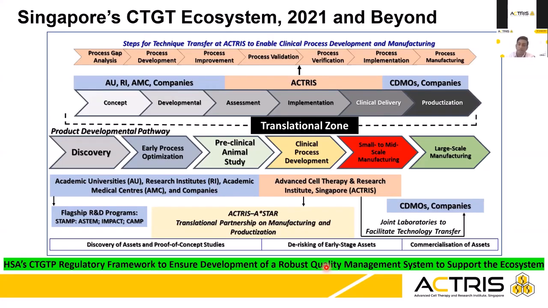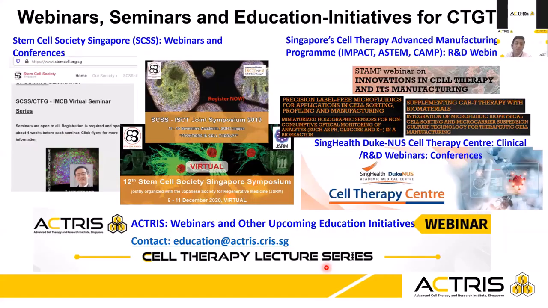As this is an education webinar series, I wanted to highlight that as I was preparing this slide deck, over the past 6 months to about a year, a number of webinars, seminars, and conferences have been rolled out by various organizations within Singapore that are trying to create awareness and increase knowledge and technical skills. For example, Stem Cell Society Singapore has been brilliant in running large-scale conferences with other international organizations.